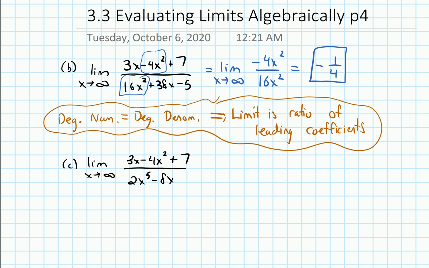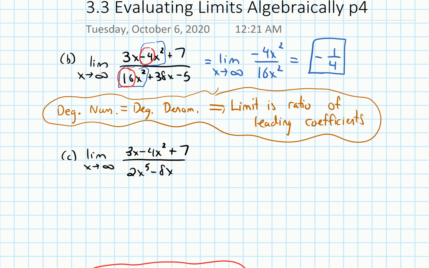The highest power term on the top is negative 4x squared, so the leading coefficient is negative 4. The highest power on the bottom is x squared, with leading coefficient 16. Their ratio is negative 4 over 16, which became negative 1/4. That's true when x goes to infinity or negative infinity, and the degrees of the numerator and denominator are the same.